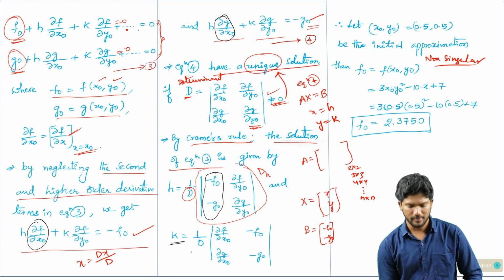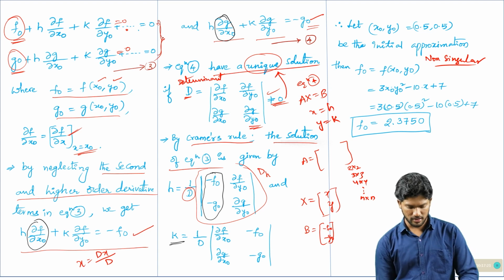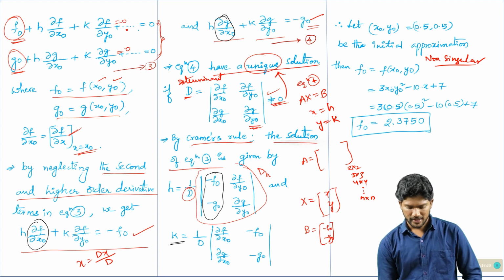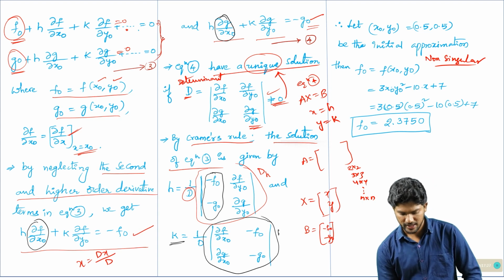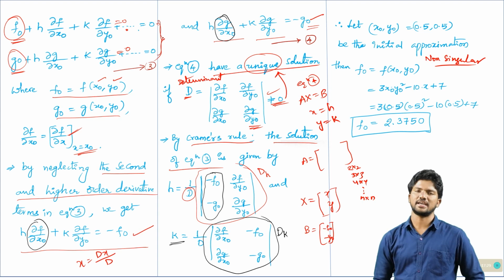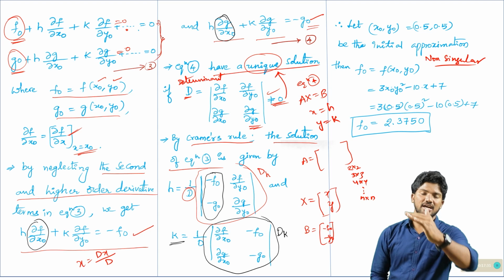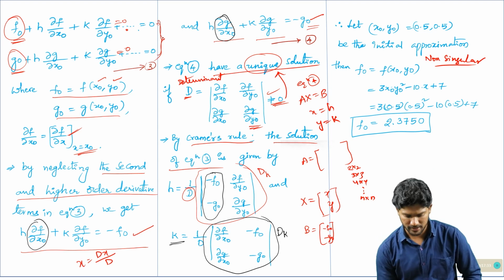Next, capital K, by Cramer's rule only we are writing 1 by d into this total matrix. The total matrix gives d suffix k, that means the determinant of the coefficient matrix with respect to k.